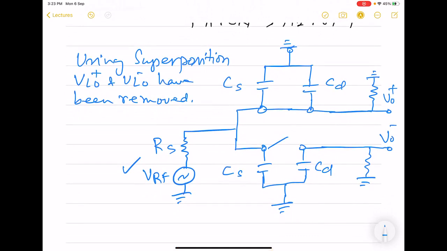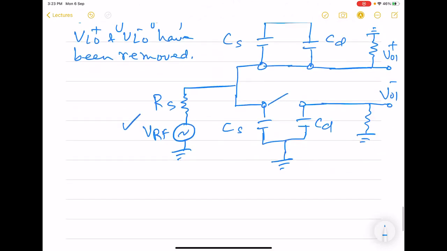So now you can see that we have RF, and this will give rise to, say, output VO1 plus and VO1 minus at the other terminal of the output. And we have to find out each of these two outputs.